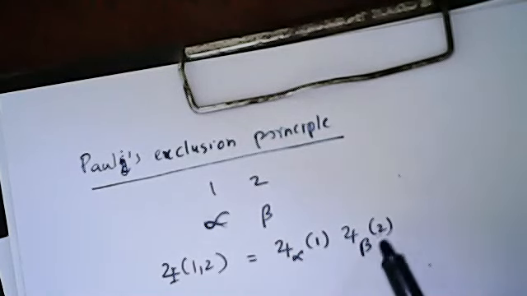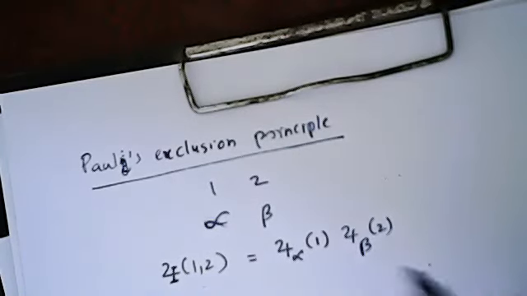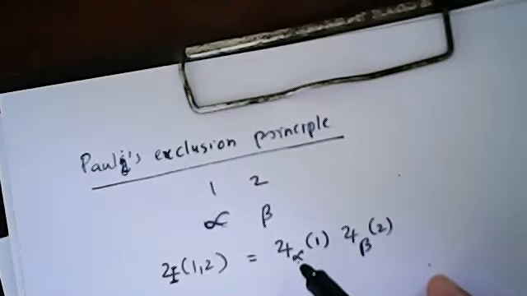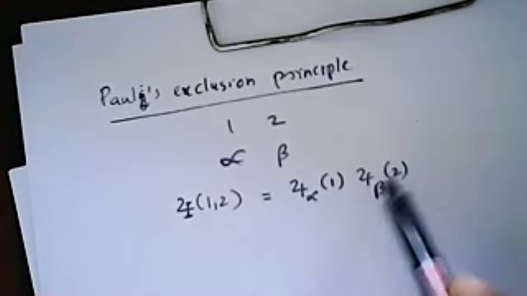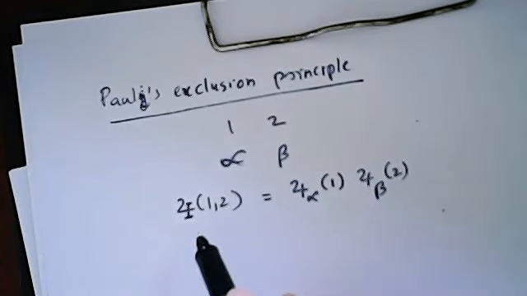So the product of psi alpha 1 and psi beta 2 is capital psi 1 2. Earlier this was small psi, but now we consider it as capital psi, which is a composite wave function of a system of particles. First particle is in the alpha state, second particle is in the beta state. So this can be written as a product of psi alpha 1 and psi beta 2.